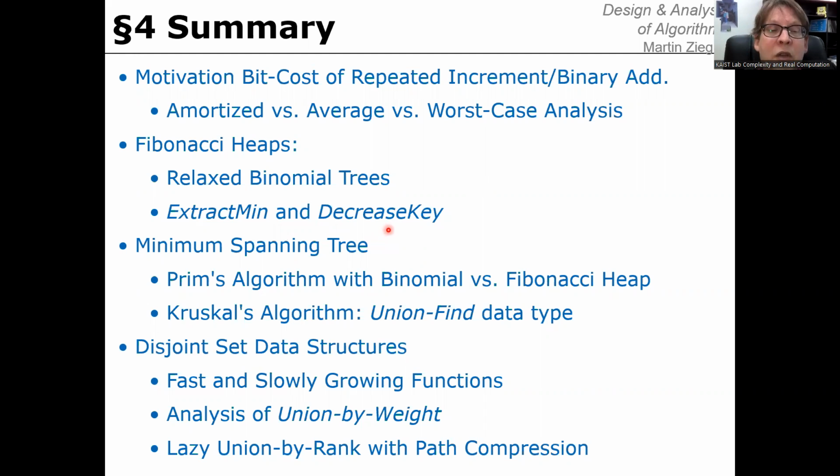Therefore it's good that in our amortized analysis of Fibonacci heap, decrease key has constant amortized cost and extract-min has logarithmic amortized cost, and this resulted in acceleration of the performance of Prim's algorithm when proceeding from binomial to Fibonacci heap.